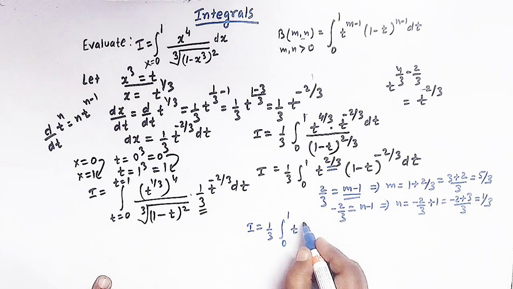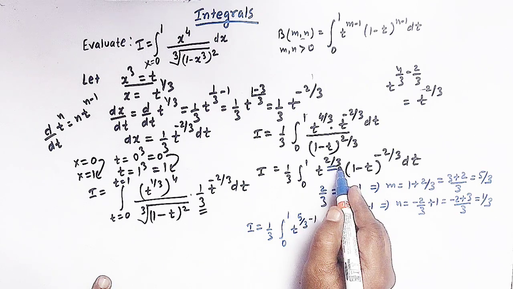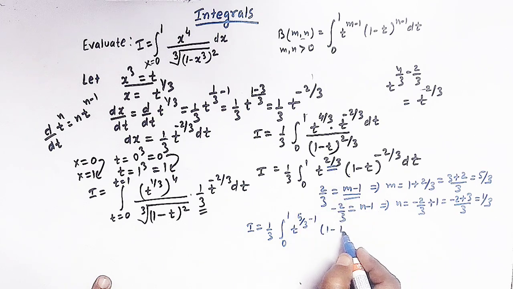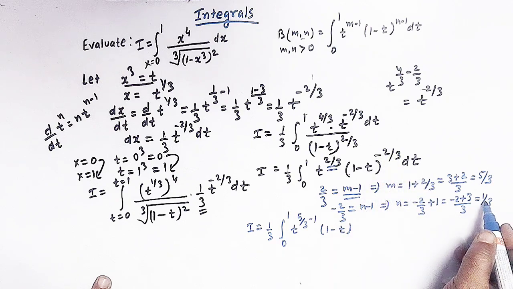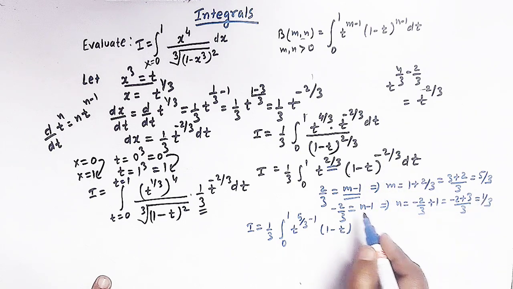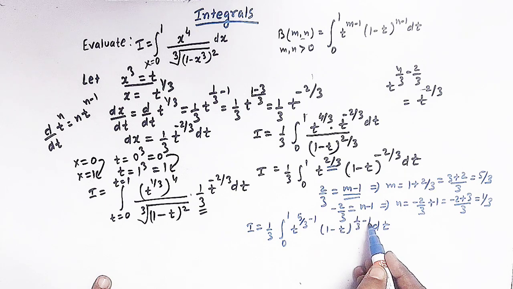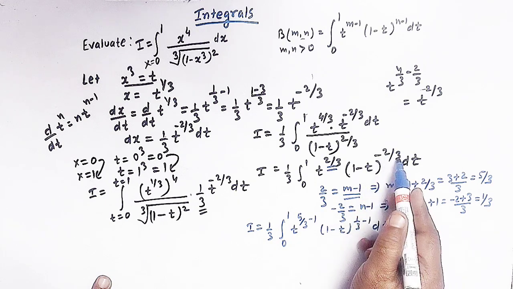So we can now write t raised to 5 over 3 minus 1, because 5 over 3 minus 1 is again 2 over 3. And then we have 1 minus t raised to minus 2 over 3, and n is 1 over 3, so minus 2 over 3 is 1 over 3 minus 1, and here we have dt, and 1 over 3 minus 1 is minus 2 over 3.